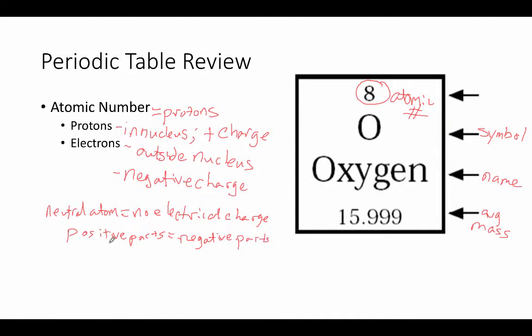So our positive parts are our protons, and our negative parts are our electrons. In a neutral atom, our protons have to equal our electrons. So in our oxygen atom here, because the atomic number is 8, that means we have 8 protons. And because our positive parts have to equal our negative parts, we also have 8 electrons.